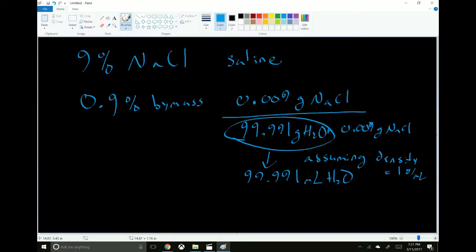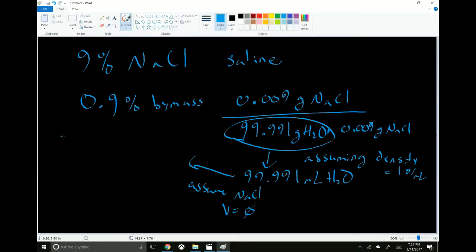Trying to throw density calculations in there would just make this really nasty. The other thing we're going to have to do is assume NaCl has no volume. So the total volume of our solution is equal to the total volume of the water. That is definitely a cheat, but I'm going to stand by it, just because I don't want to try and find out what it might actually be.